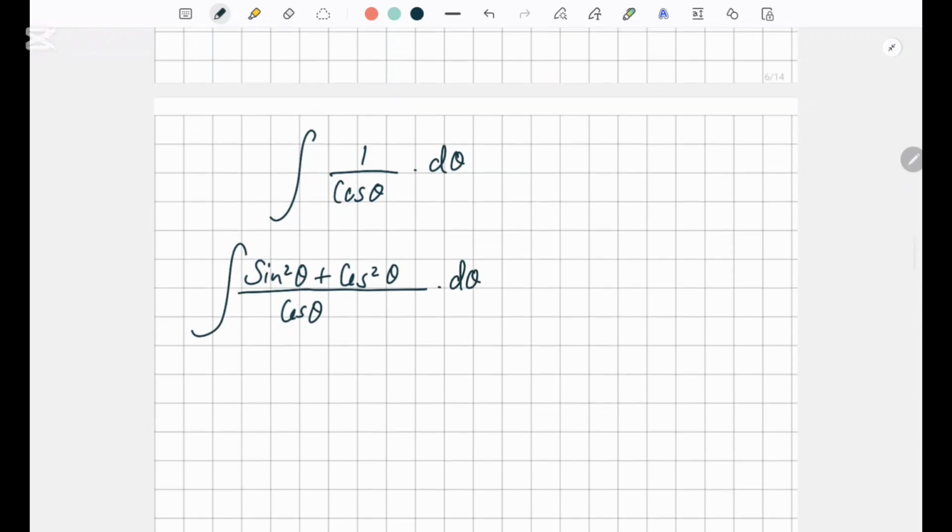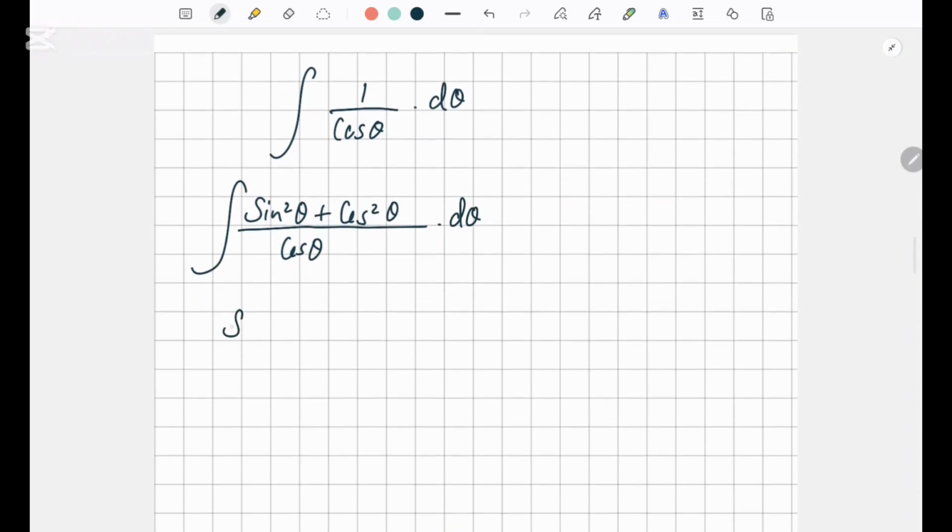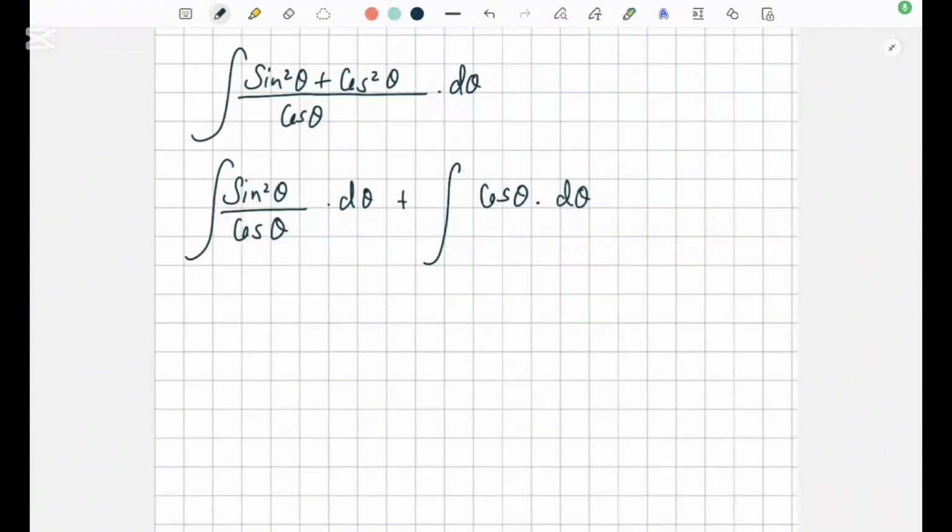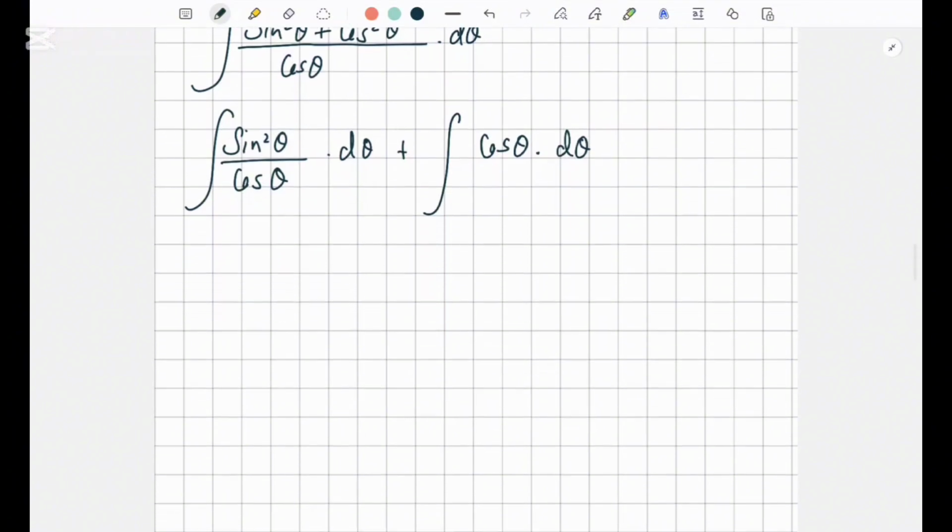Now this is what we need to integrate, so you could write the integration of sine squared theta over cos theta d theta plus the integration of cos theta d theta, right? I'm sorry guys, I've been saying a dt instead of d theta, so don't get confused, alright? So let's focus on this integral.